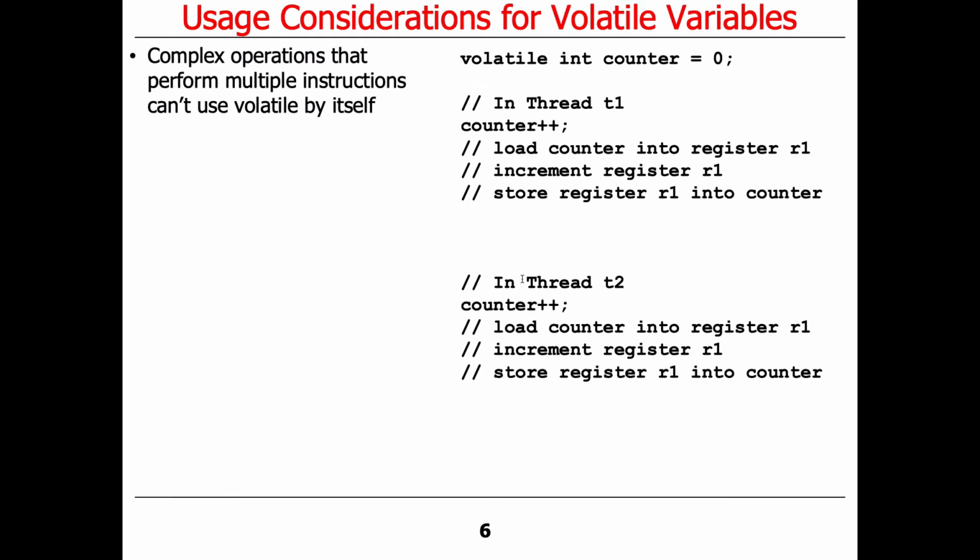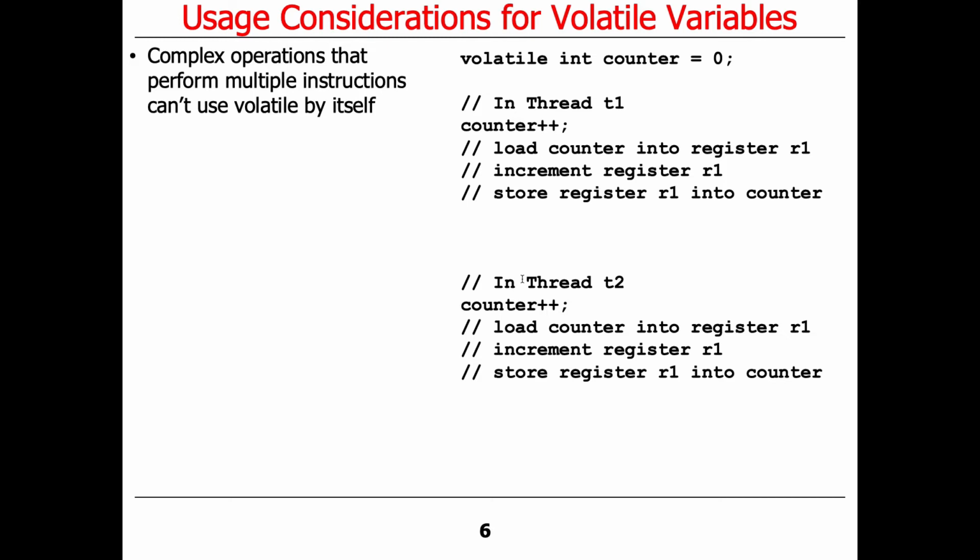If you have complicated operations that perform multiple instructions or multiple steps, then volatile by itself is typically not sufficient. So a good example would be where we're going to have some counter, which is volatile, and then we do these increment operations in different threads.